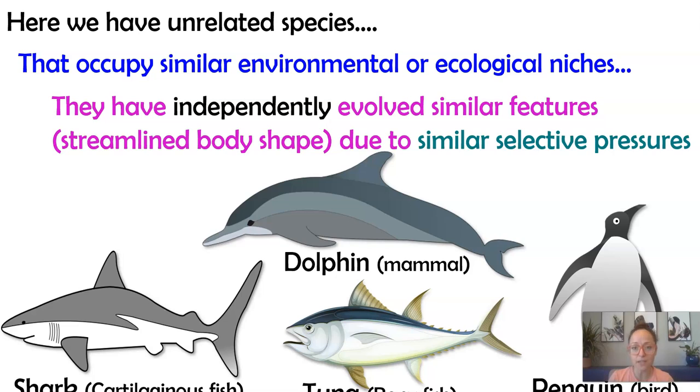So those traits would be selected for by natural selection through similar selective pressures, even though they do not have a common ancestor that had a dark back and a light colored belly, right? And so those traits have evolved independently in these different species due to the similar environment and selective pressures.